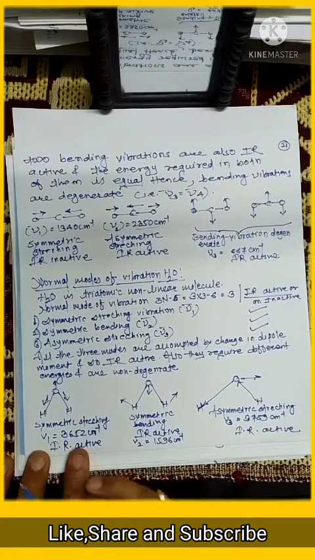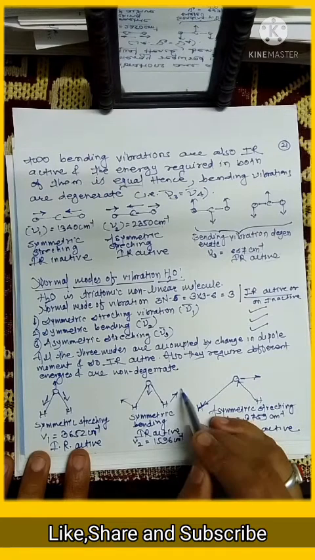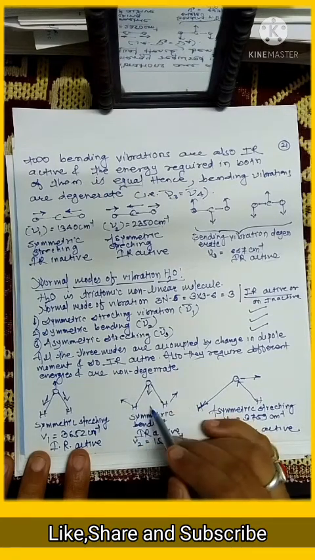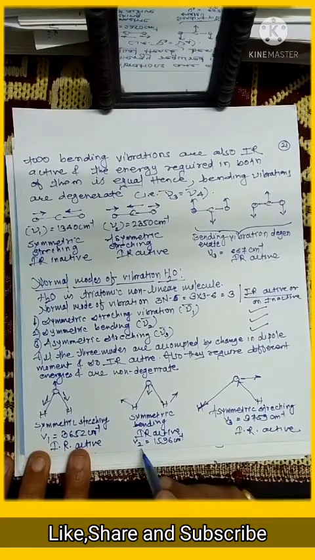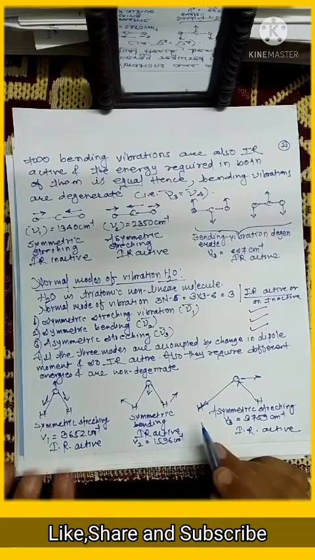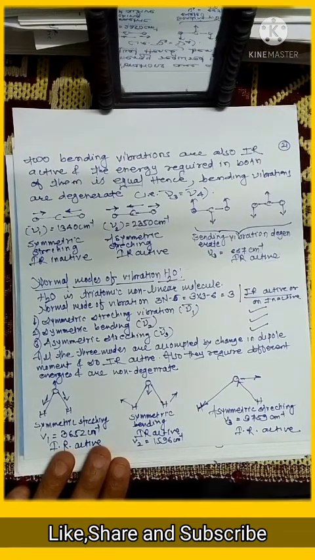It comes at 3652 centimeter inverse. For symmetric bending, in this case both hydrogens go away like this, and oxygen comes inside. So it is also IR active. Its frequency is 1596 centimeter inverse.